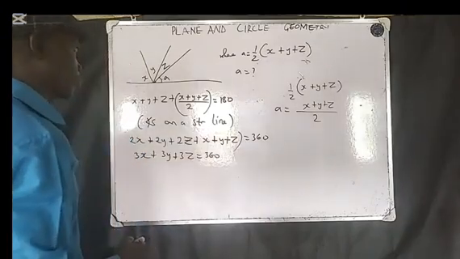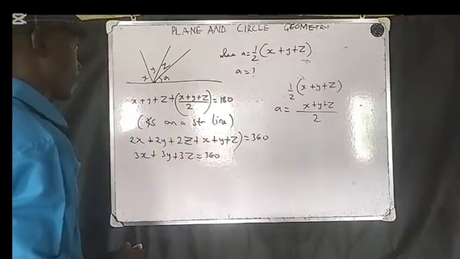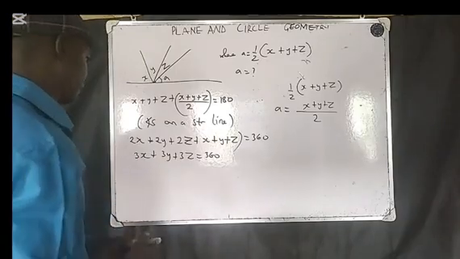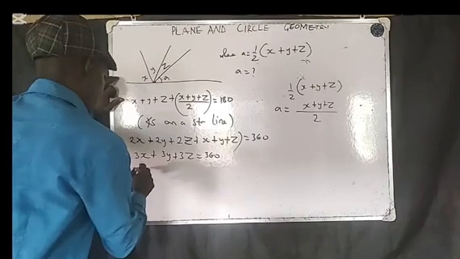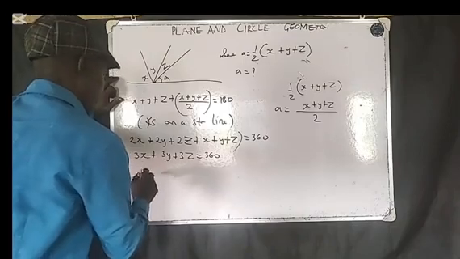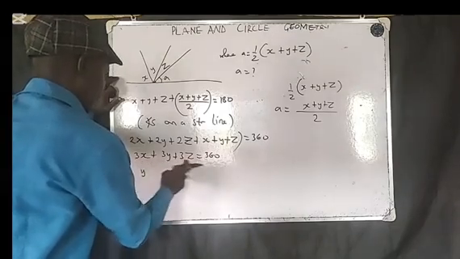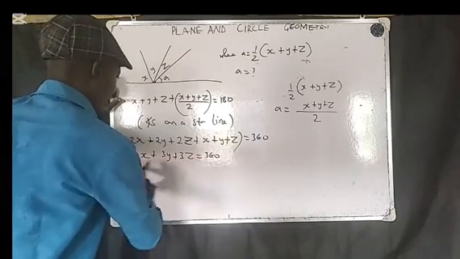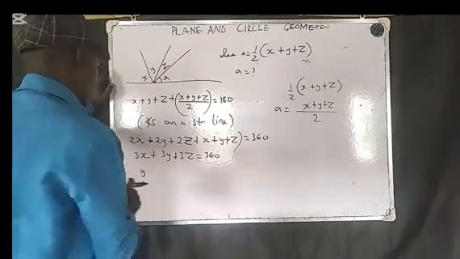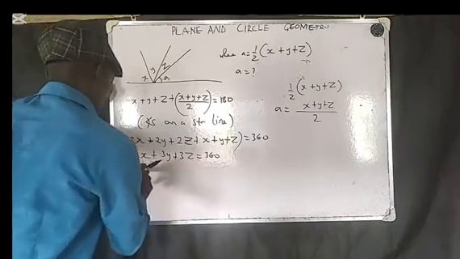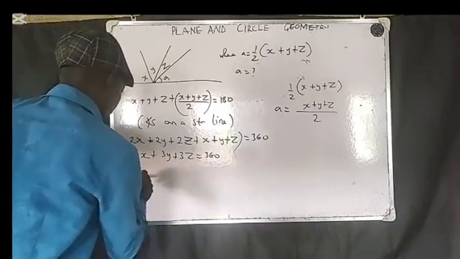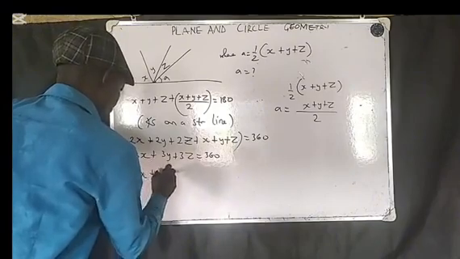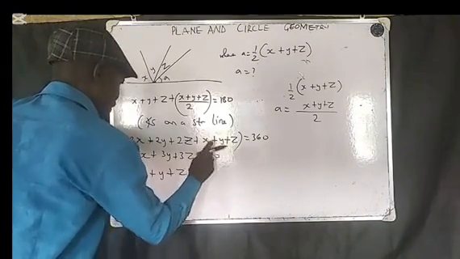So if I divide through by 3, I'm going to have x. To clear the coefficient, divide through by 3. So if I divide through by 3, this will give me x plus y plus z.